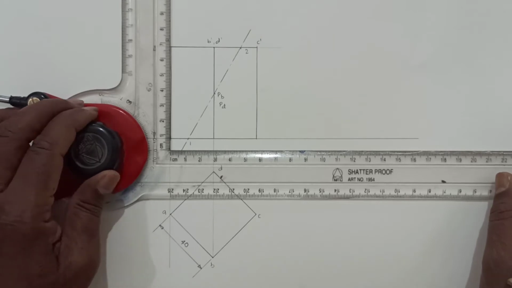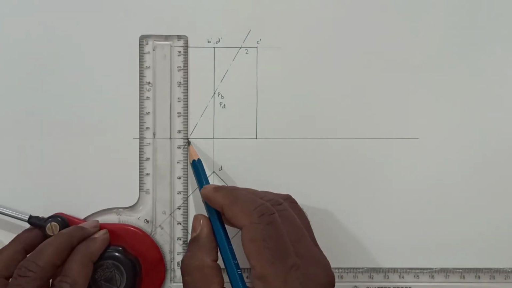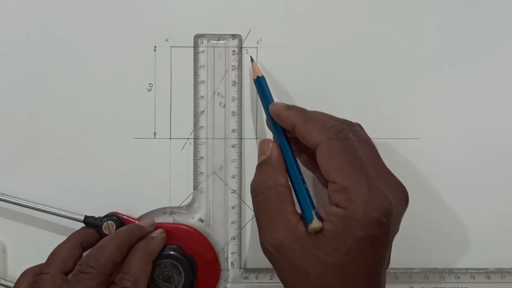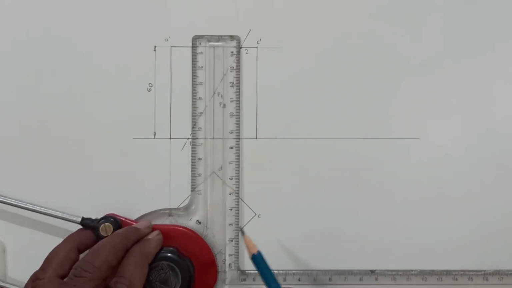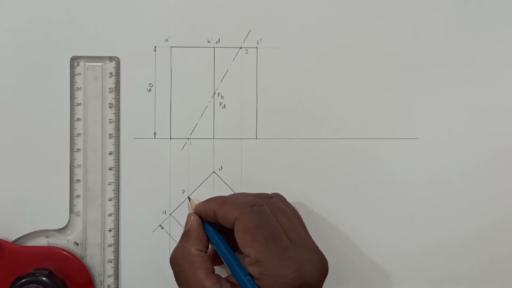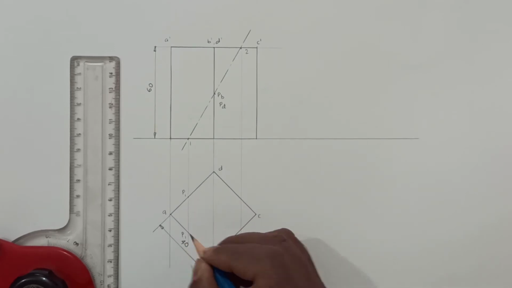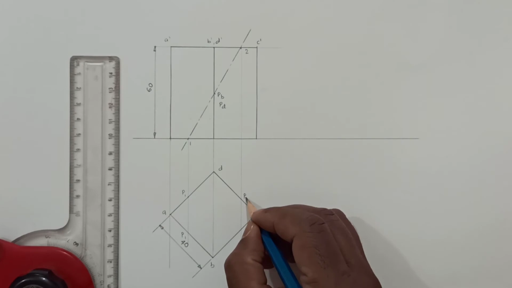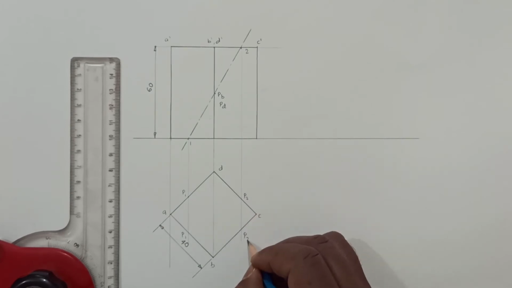Set it at a 0 degree angle again and draw these vertical downward projections. So this one will be here point 1, so point 1, this is point 2 and point 2.